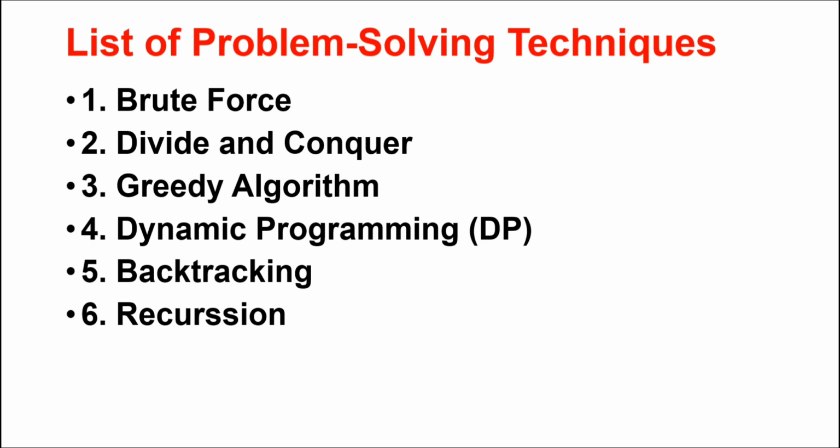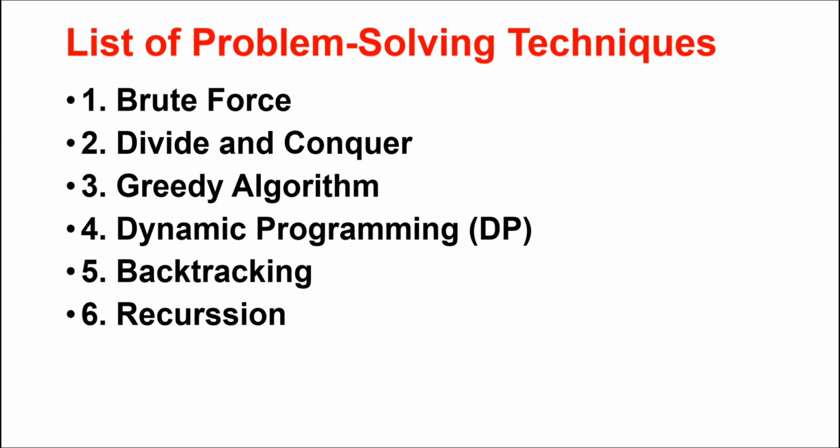This technique works best for optimization problems where the local decisions lead to an overall optimal solution. For example, the activity selection problem, Huffman encoding and Dijkstra's algorithm. These are the greedy algorithm examples, when to use it, and its definition.